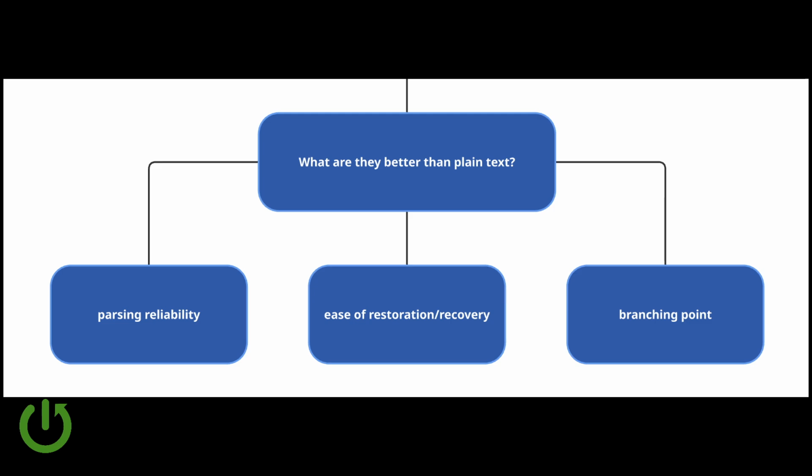So basically the model produces predictable, stable output. Ease of restoration and recovery. Basically a JSON file can be directly loaded into a new session or into external tools. And the last one is the branching point. This snapshot becomes a clean base you can temporarily modify and then safely return to the main workflow.